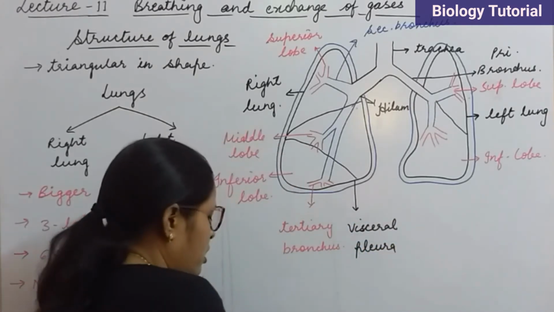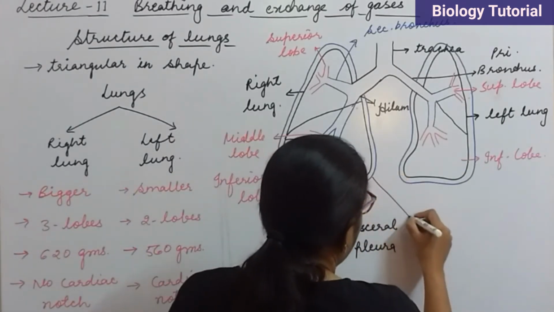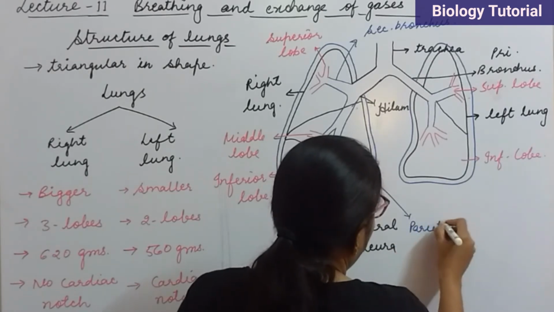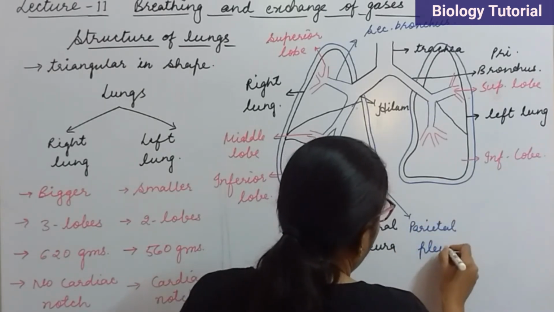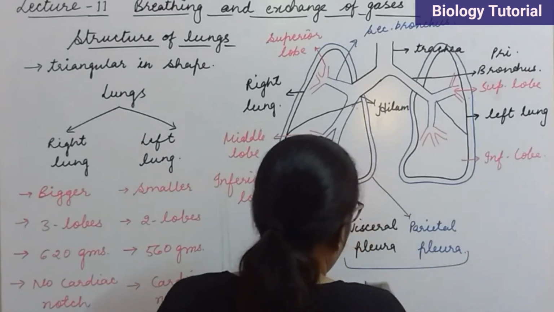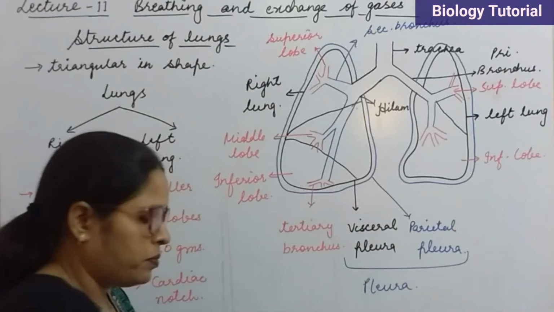And the outer one, this blue one, is called parietal pleura, and both of these are called pleura or pleural membrane.